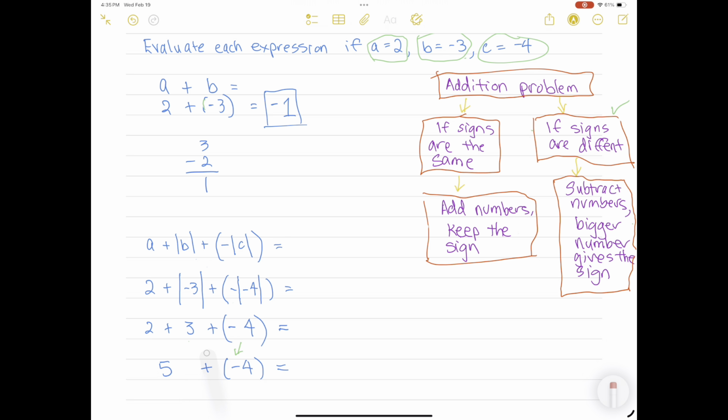I treat that as a subtraction problem. 5 is the larger number. It is positive, so the solution is 5 minus 4, which equals 1. It's +1. I box my answer.